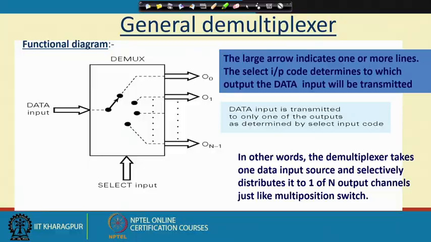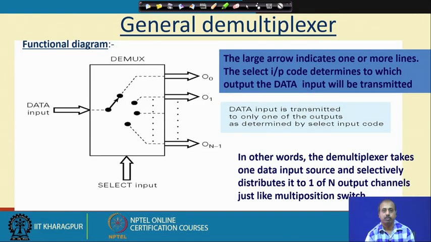So, these arrows may not represent a single line; they may be multiple lines also. The data input is transmitted to only one of the outputs, as determined by the select input code.